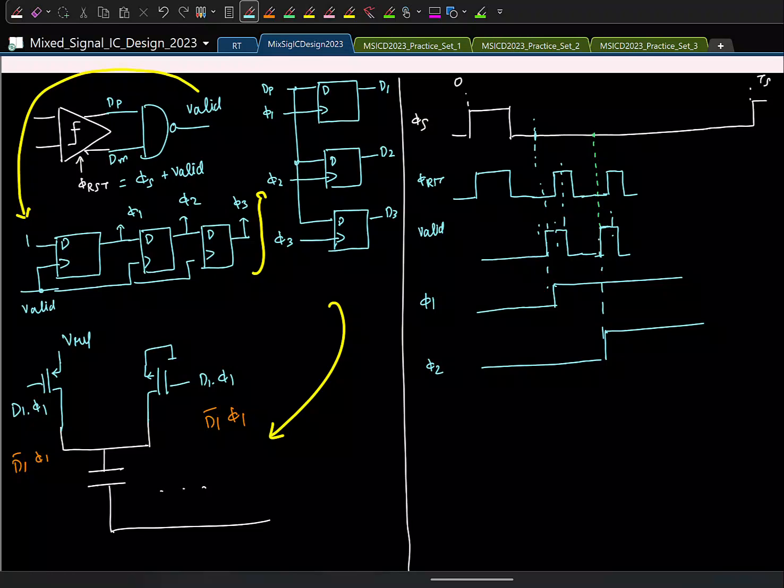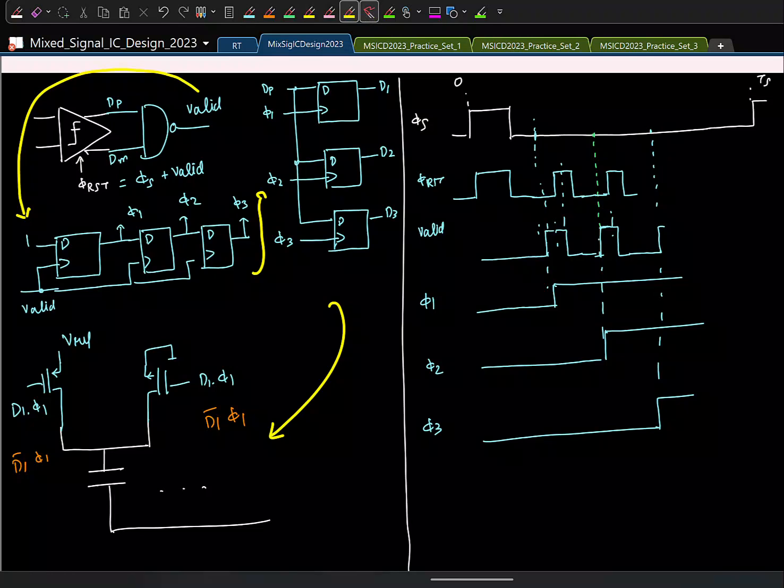Let us say at this point, the third comparison is also done. Valid will go high once again. So this time we'll generate the third clock, and let us say it's a 3-bit SAR, we are done. Ideally this is the end of it, but let us say you don't do anything beyond this. What will happen is this, right?